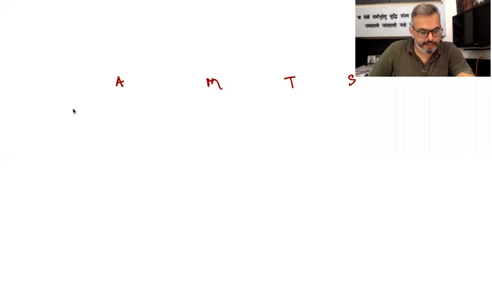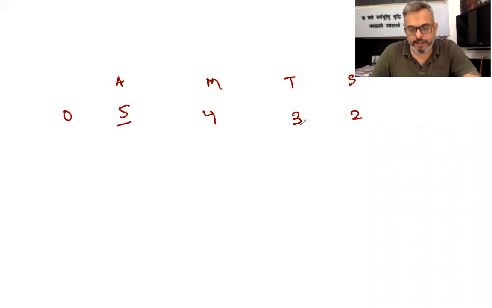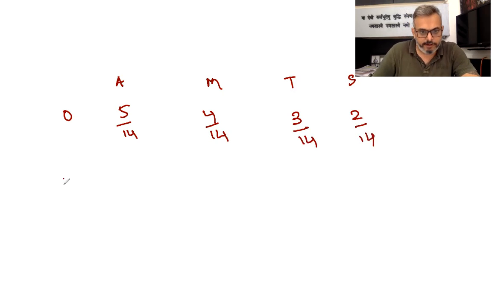Old ratio is 5:4:3:2. So 5 and 4, 9 and 3, 12, and 2, 14. So 5 by 14, 4 by 14, 3 by 14 and 2 by 14. New ratio. Now who is going?